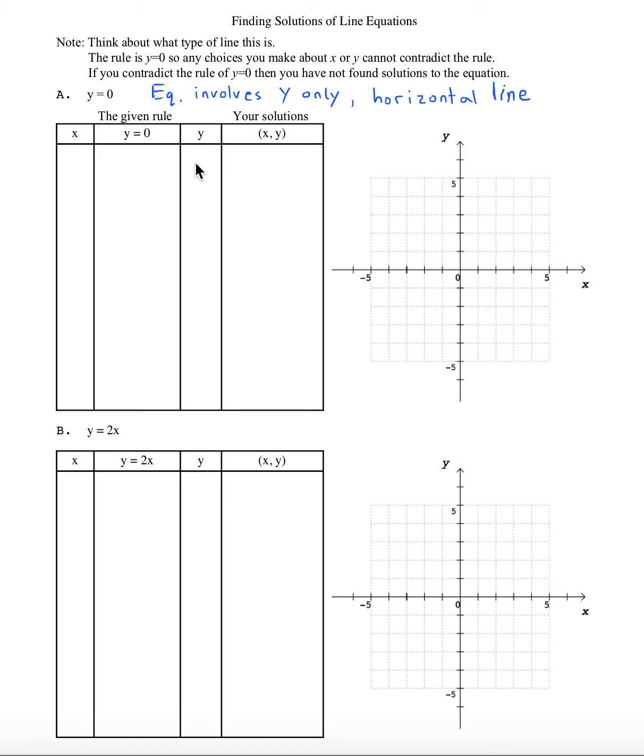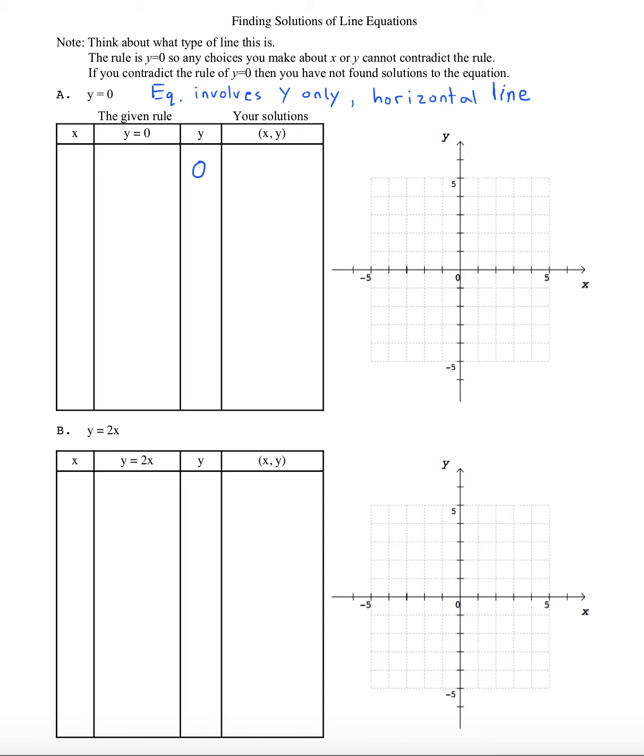Like, for example, I can't put a 2 there. That would be wrong. The reason why is I have to agree with the given rule that y equals 0. So I can't put 2 there. I can't put -4 there. I can't put anything there except 0. It has to agree.